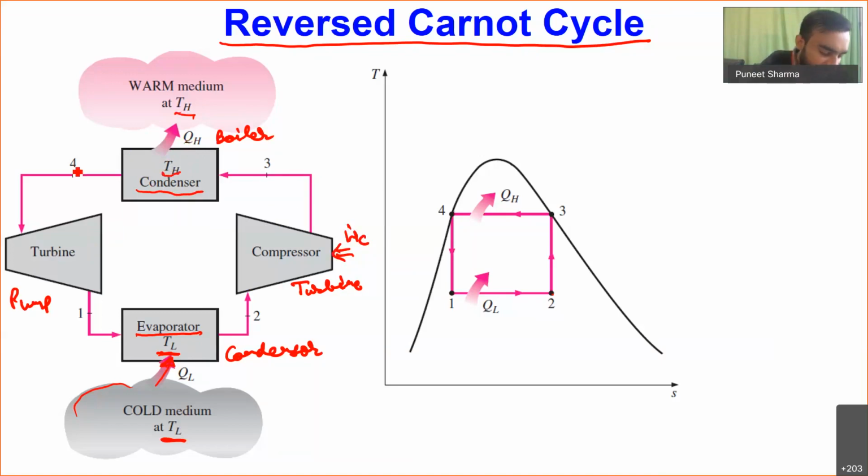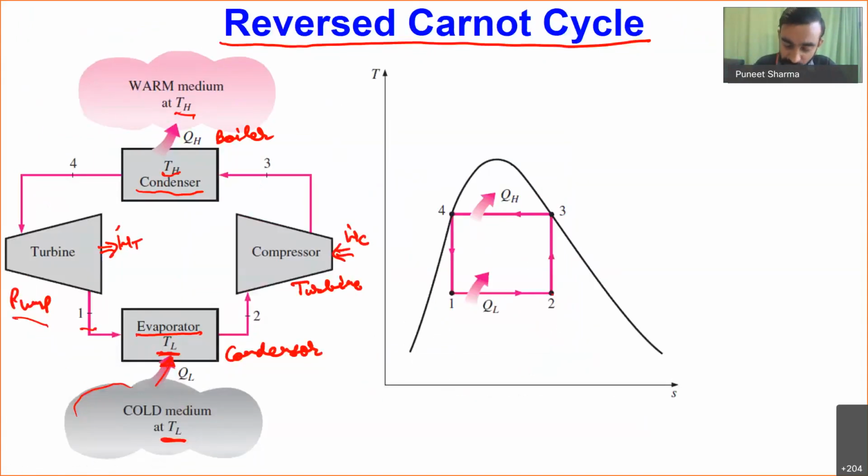Then in process 1 to 4, earlier we had a pump which increased the pressure. Now we have a turbine which decreases the pressure and brings the working medium back to the initial condition at the inlet of the evaporator. The turbine does a certain amount of work at the rate of W dot T.